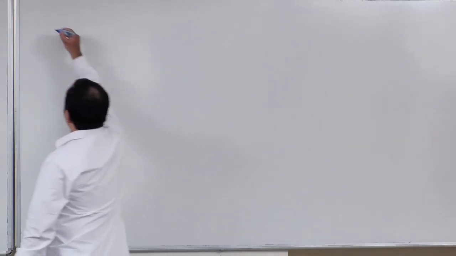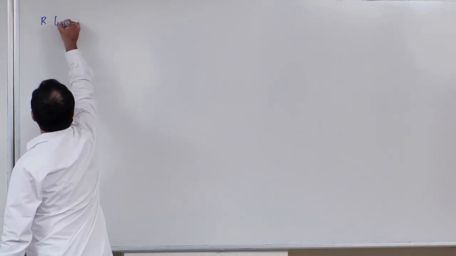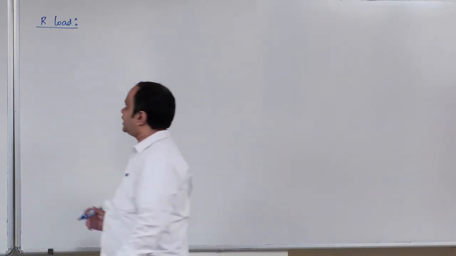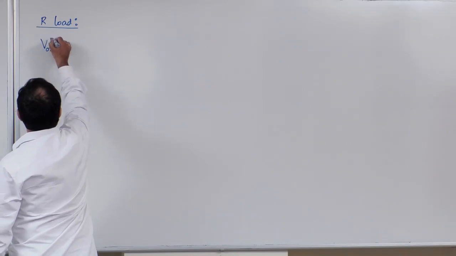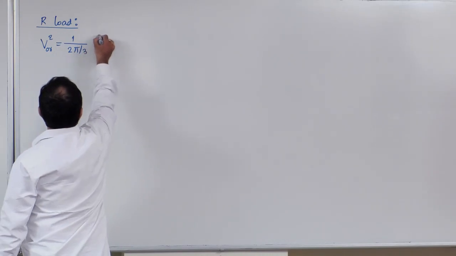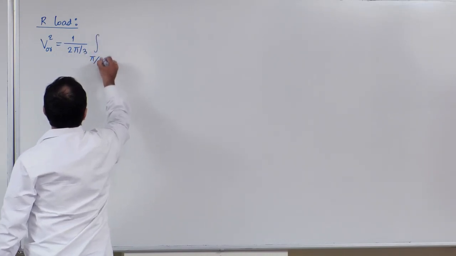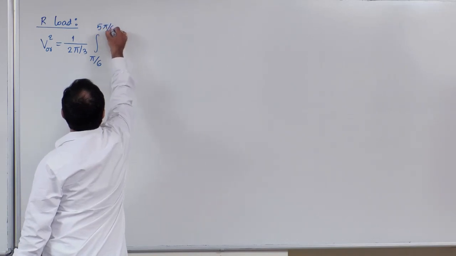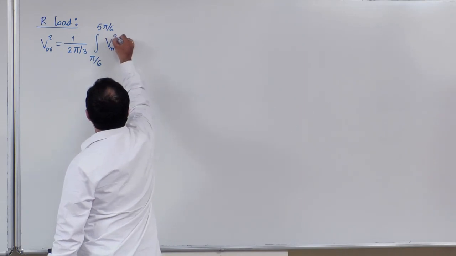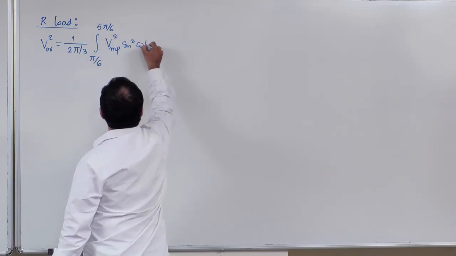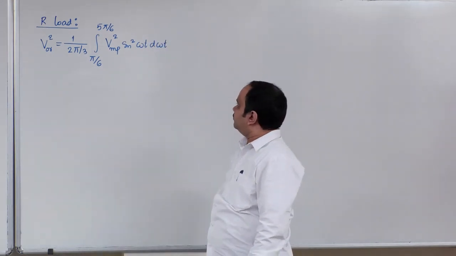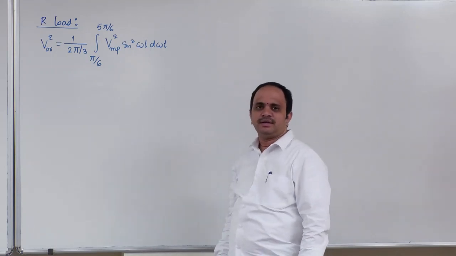Now, if the load is resistive load, let us calculate RMS voltage first. V_OR square is equal to 1 by 2 pi by 3 integral pi by 6 to 5 pi by 6 square of the function Vmp square sin square omega t d omega t.